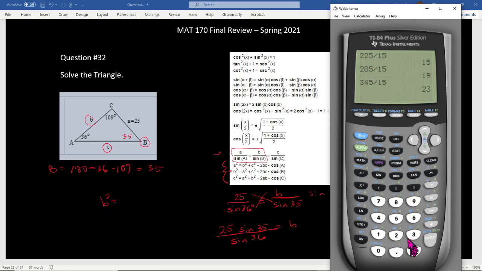Again, 25 times the sine of 35. Before I go too far, let me check my mode. Yeah, we have to be back in degree mode, not radian, because we're dealing with degrees. Let me go second calc to get back. So I hadn't hit enter yet. And then we divide by sine 36.